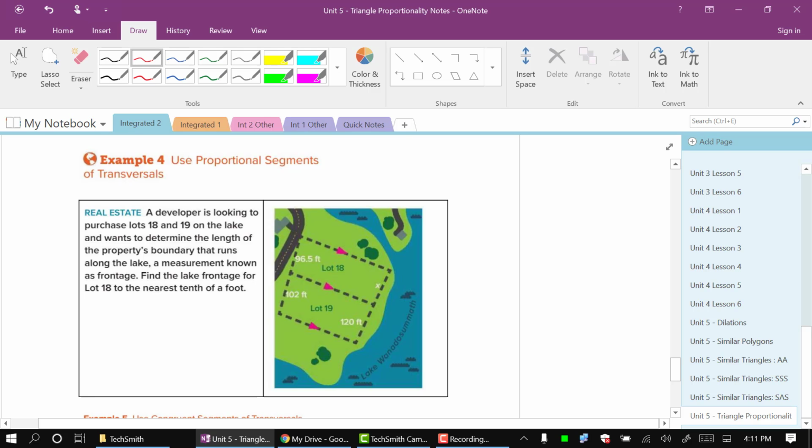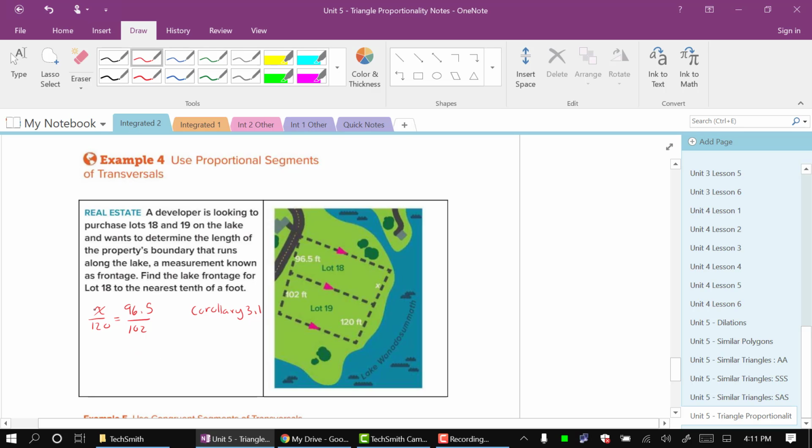If we set this up, we get x, which is right here, over 120 equals our other side, which is 96.5 over 102. So x over 120 equals 96.5 over 102. And again, this is corollary 3.1. That's what allows us to do this.